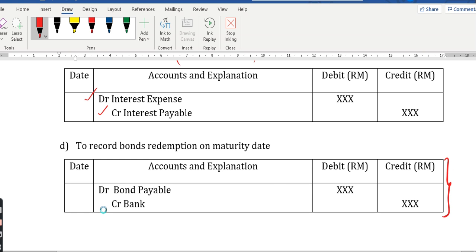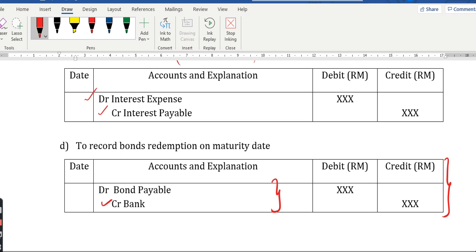And you will credit bank. This is actually the face value that you are supposed to pay. What about the interest? Interests are paid according to schedule. So sometimes during the maturity date, they won't be paying any interest expense. That is why no interest expense is included in this redemption journal.